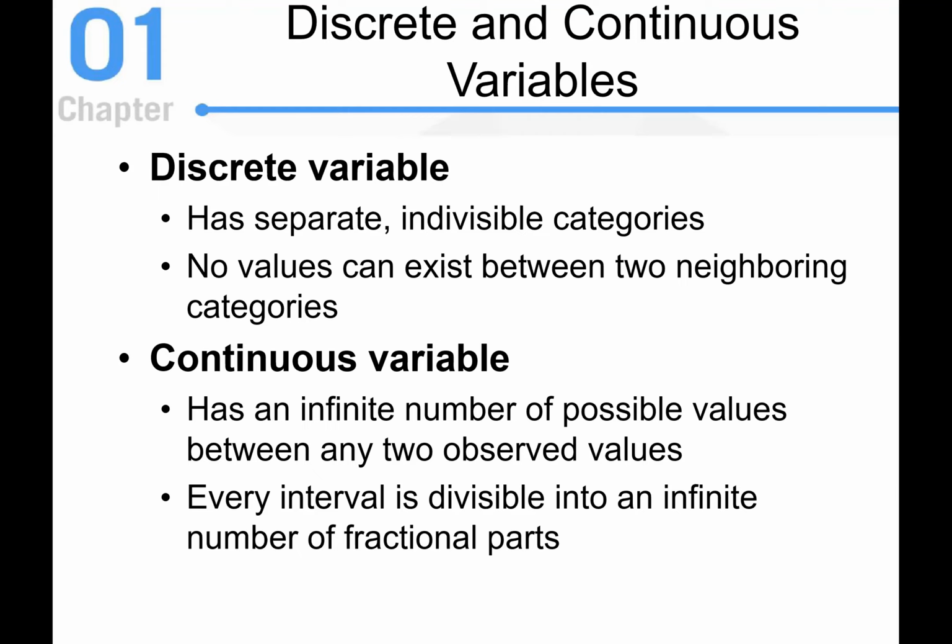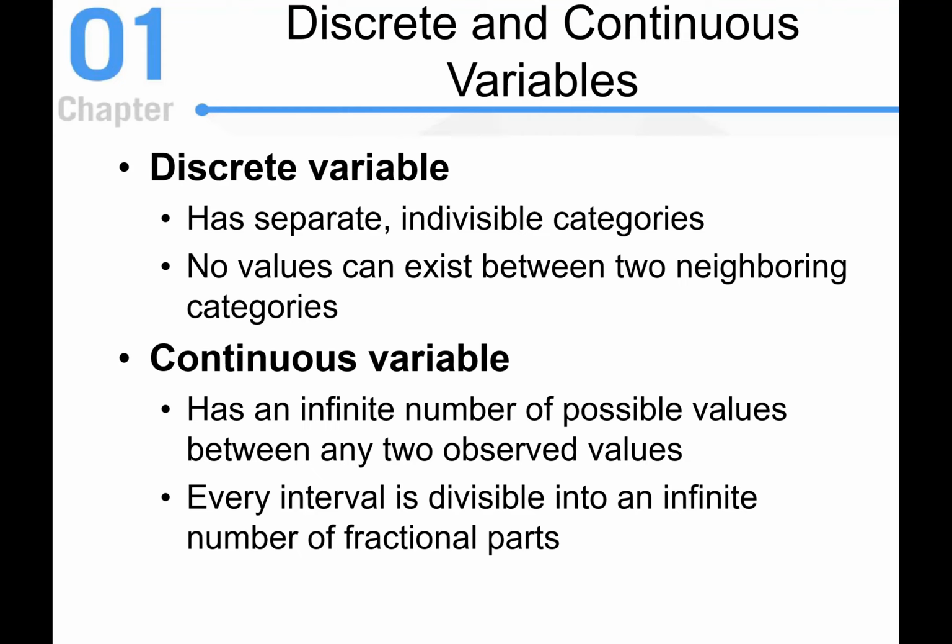So let's say I have the variable of eye color. So I have brown eyes, green eyes, and blue eyes. Those are separate categories.